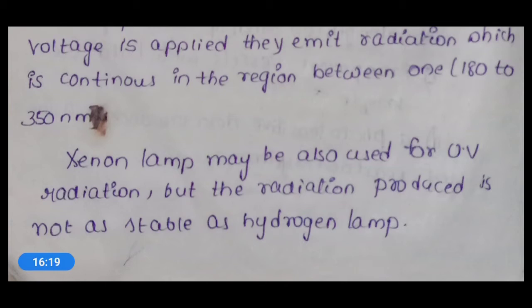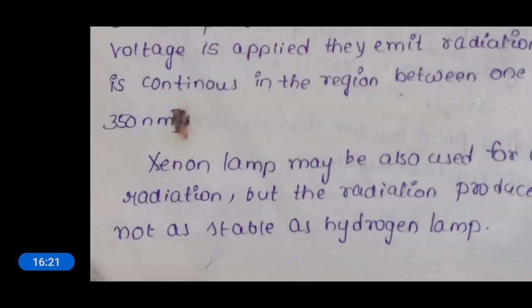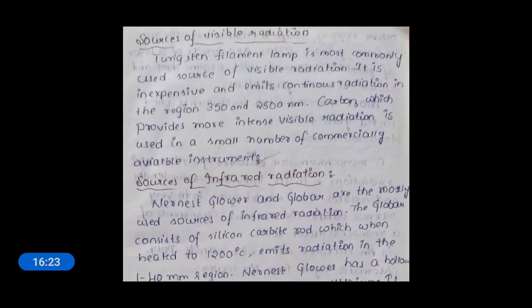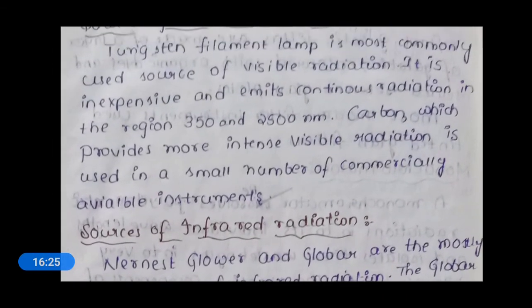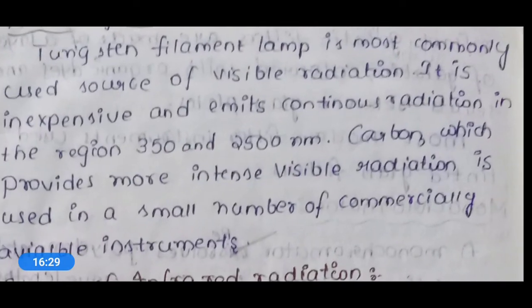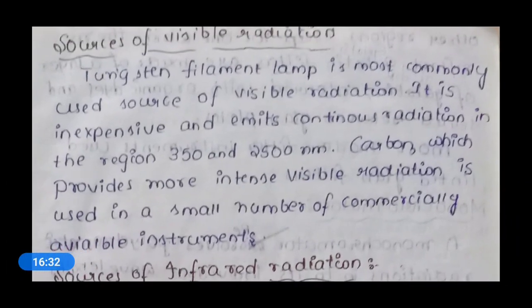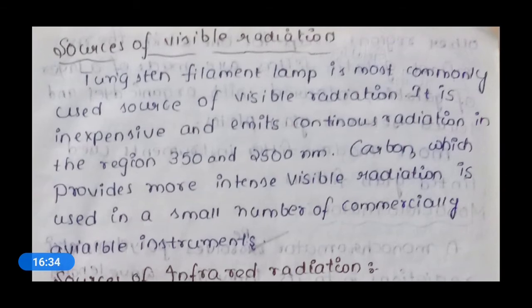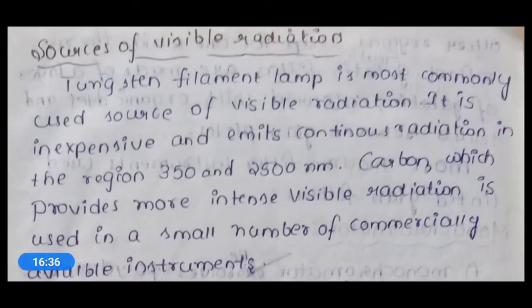The next one is the source of visible radiation. When we are carrying out visible spectrophotometry, the source of visible radiation is the tungsten filament lamp.